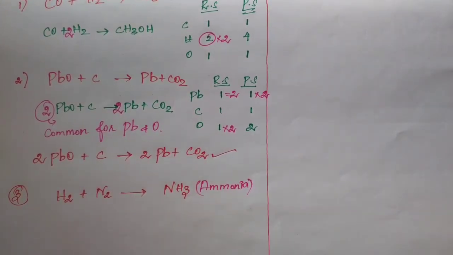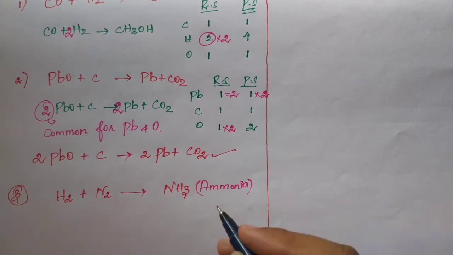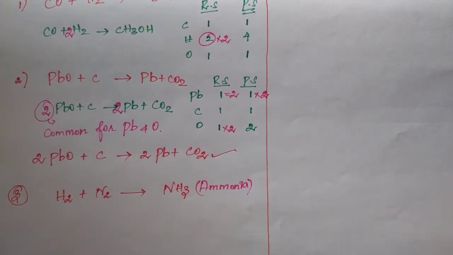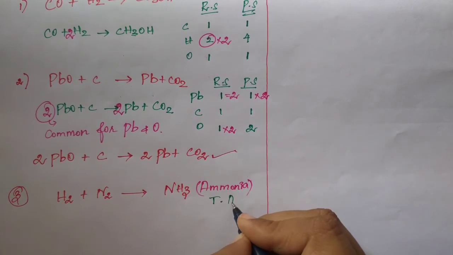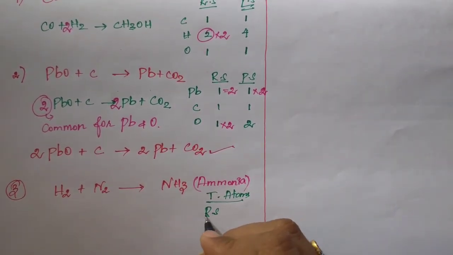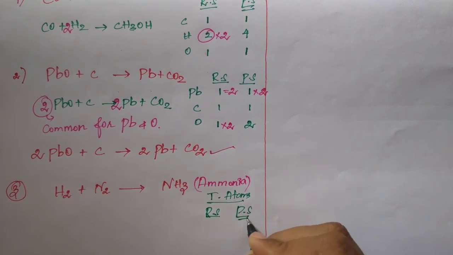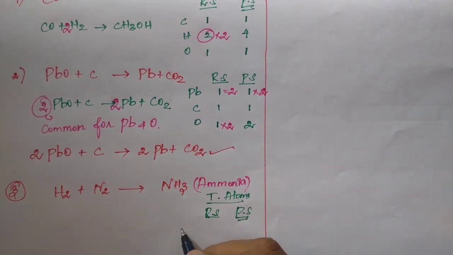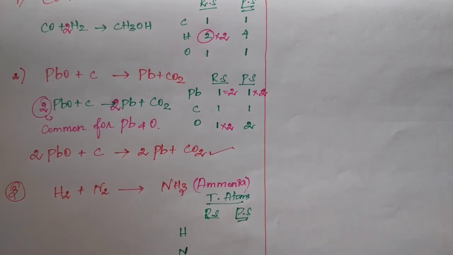Trick number 1, you have to count the total number of atoms, reactant side and product side. What are the atoms involved? Hydrogen, nitrogen. Only 2 atoms.